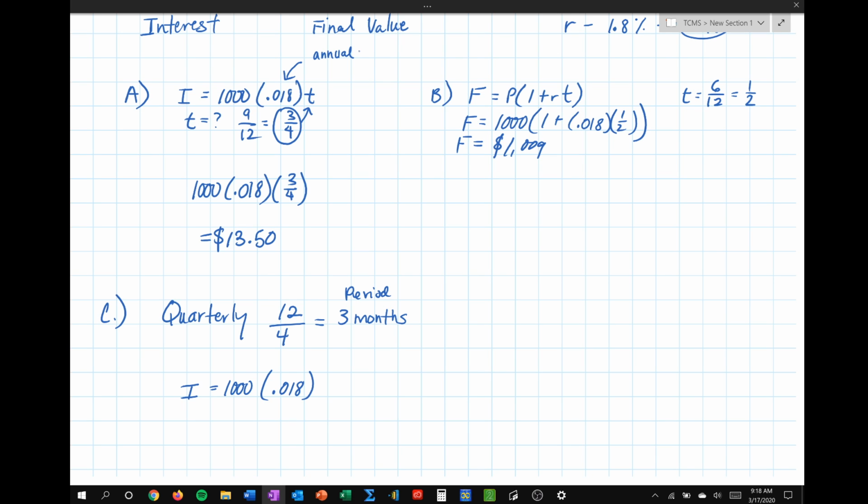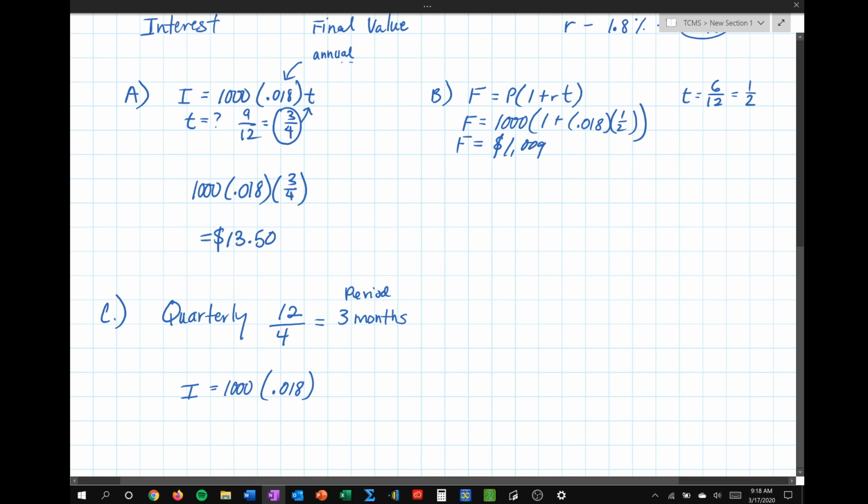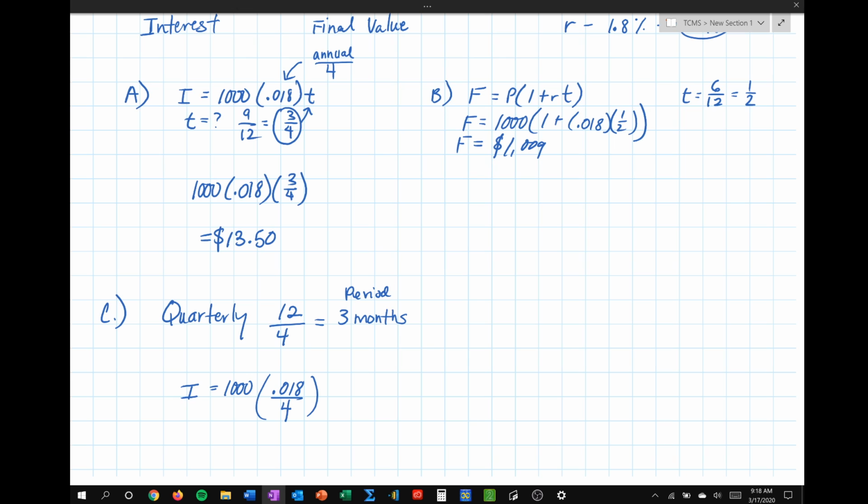So if I want to know what my rate would be quarterly, I would essentially have to divide my rate by 4. So then I would take this rate, and that's the rate that I'm getting for every 3-month period, right? 0.018 for the whole year, but every 3 months, it's only a quarter of that.